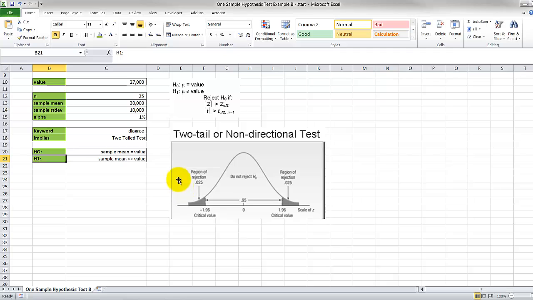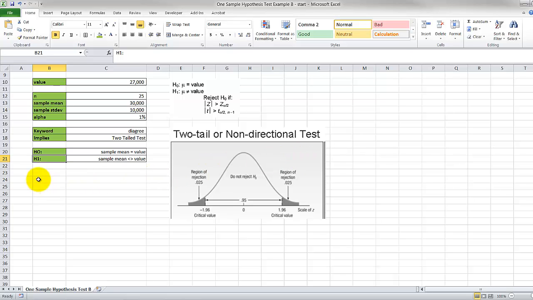The 1% here would be 1 divided by 2, so 0.5% on the left tail, 0.5% on the right tail. That summed up equals our 1. Okay, so again, this is a general figure and just meant to give you an idea of how to interpret these problems. So we have the two-tailed test or a non-directional test. The directions are both ways, right and left.